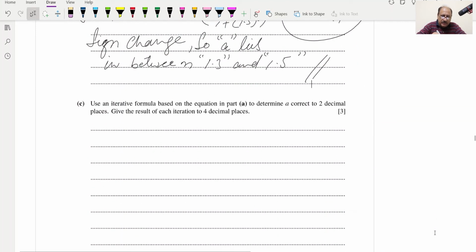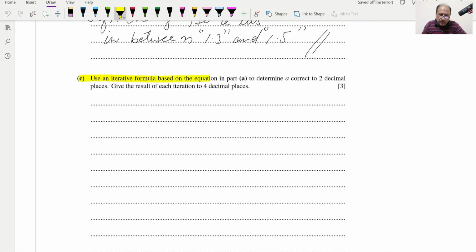C part says use an iterative formula based on the equation in part A to determine a correct to two decimal places. Give the result of each iteration to 4 decimal places.